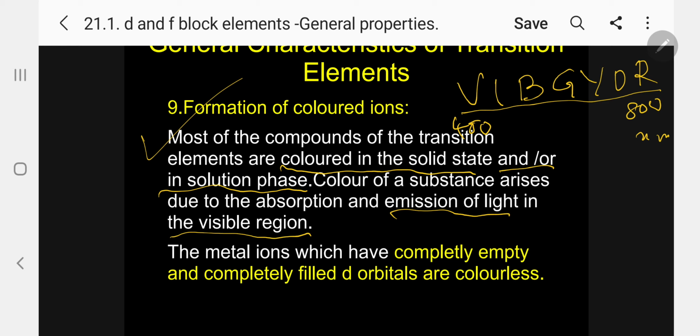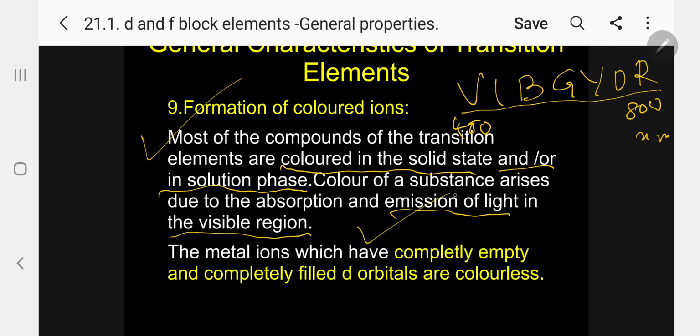Most of the compounds of the transition series are colored in the solid state and or in solution phase. Color of the system arises due to the absorption and emission of light in the visible region. What is the region? Visible region, 400 to 800 nanometer or 4000 to 8000 Angstrom unit.